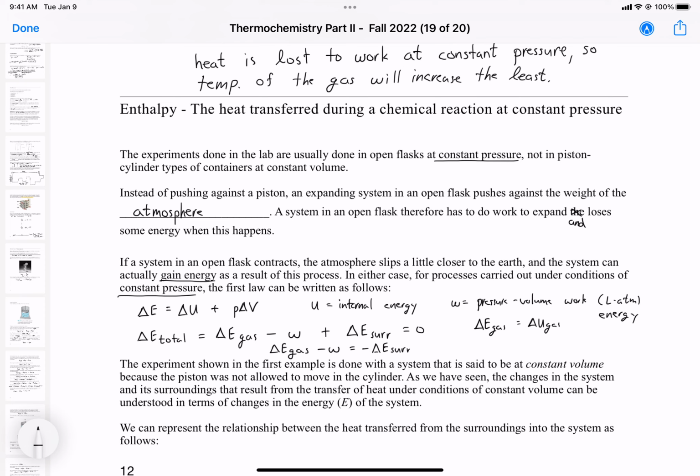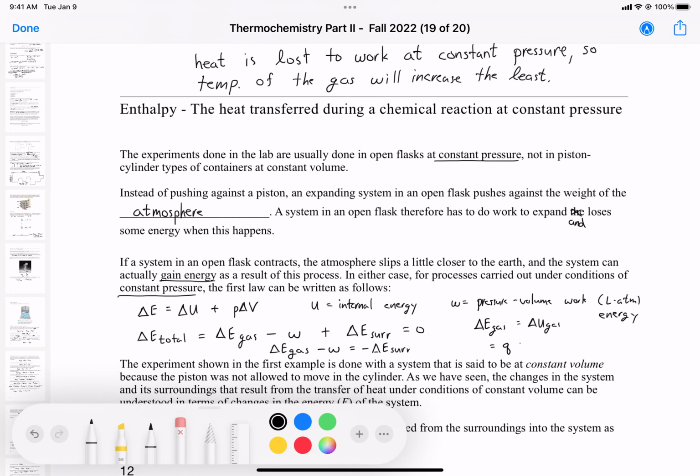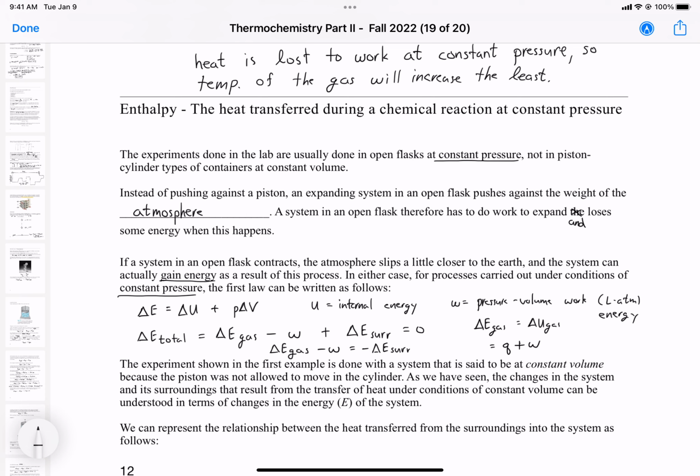And for internal energy, we know that the amount of energy a gas has is due to the amount of heat transferred, Q, plus W, any amount of work done on the system, okay? So we can equate it to that. So that's the sum of the energy that we've seen before, right? In the previous equation we wrote a couple of pages up.